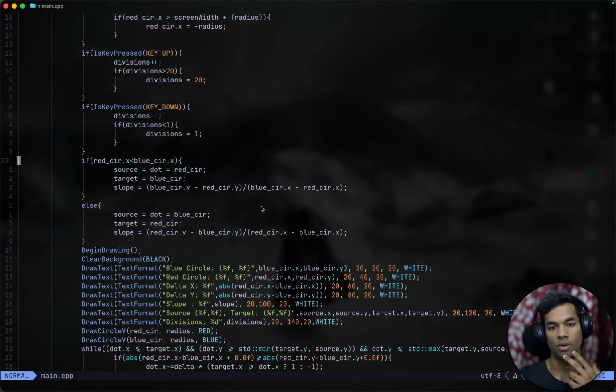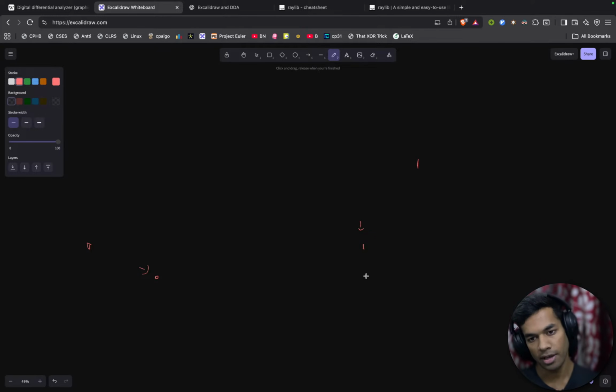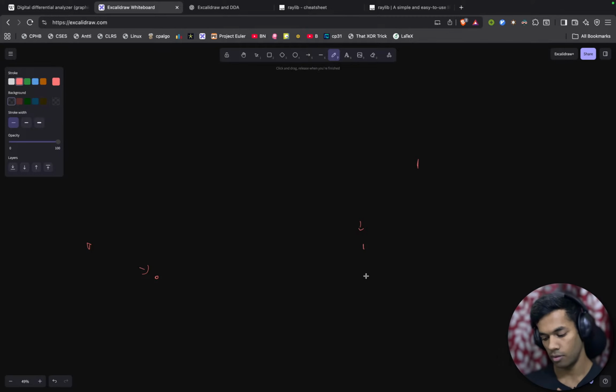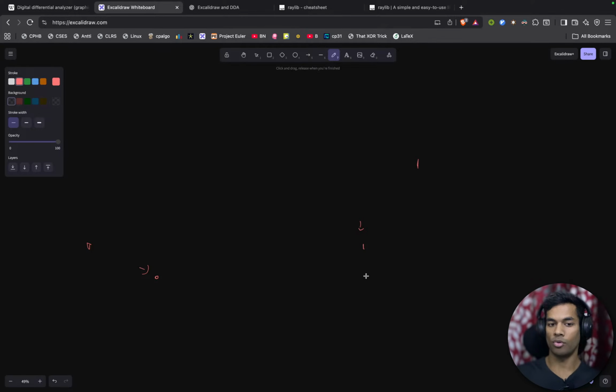Right, so I don't think we can just modularize this whole DDA logic and create a function which will take 2 points. Okay, yes, let's say we can create a function which will take 2 points. What would we want that function to return? We do not want that function to return anything, because if that function were to return something, we would have to store it in some sort of vector or something.